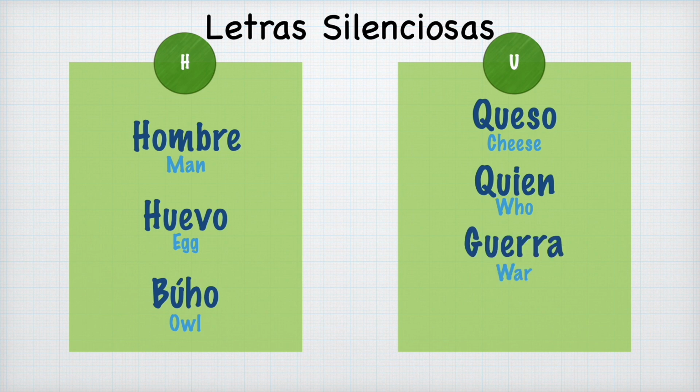And then we have the GUE combination, as in guerra. Or the GUI combination, as in águila. When you have these combinations, the U doesn't make a sound. Other than these exceptions, everything else is pronounced.